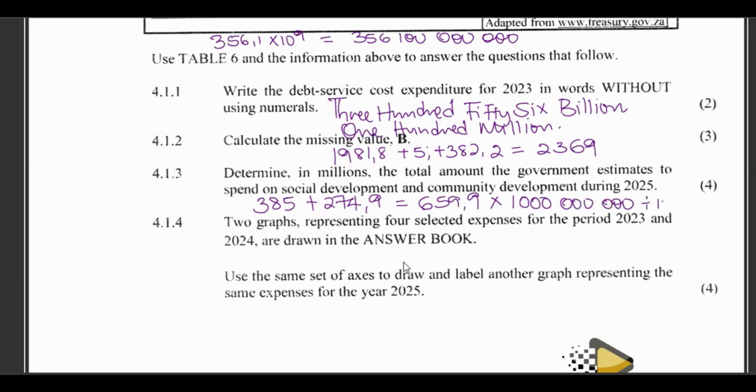Then we divide it by a million. That means we are going to remain with the three values. We're going to multiply by this 1,000. So the answer here is going to be 659, this is a million. So this is the answer.